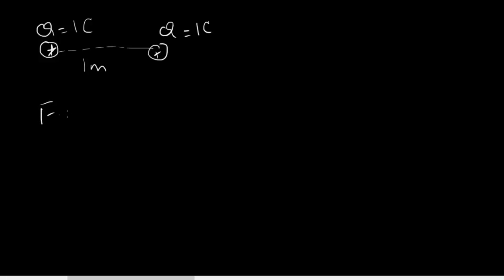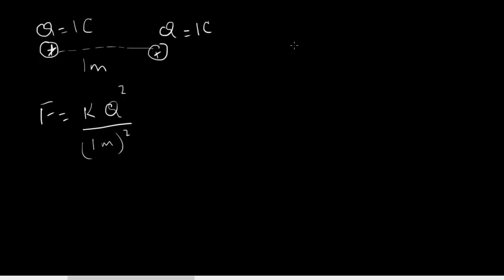So suppose that you had a positive Q here and another Q here, identical charges separated by 1 meter. Suppose the magnitude of Q is 1 Coulomb and this one is also 1 Coulomb. Then the force is going to equal k times Q1 Q2, which becomes Q squared, divided by 1 meter squared.